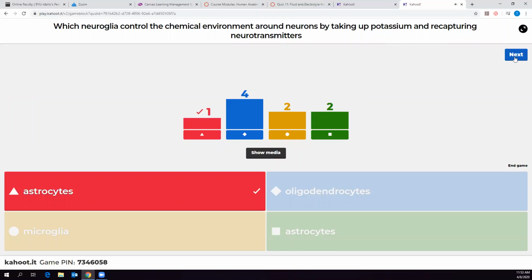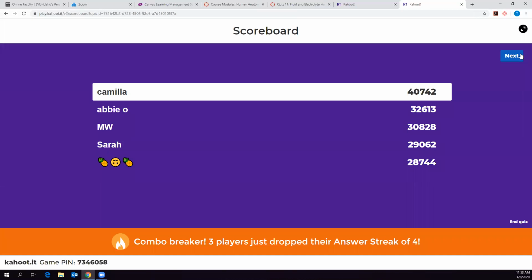Yep, those are astrocytes. I put astrocytes twice. Yes, astrocytes, in addition to making the blood-brain barrier, also take up potassium and neurotransmitters, removing them from the synapse.